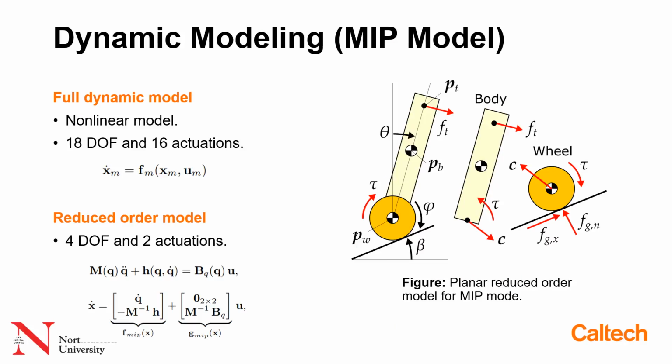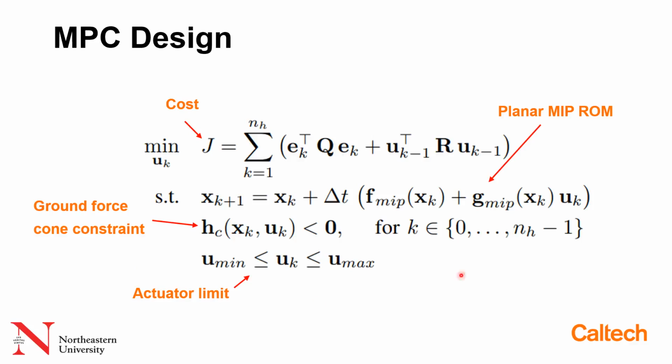In this slide, we'll do some brief analysis on the dynamic modeling. The full derivations can be seen in the paper, but the idea is that we have a simulation model using the full model, and then we use a reduced order model for MPC. In the reduced order model, we use a planar dynamics model shown over here, and the equations are used in the MPC formulation. So this is the reduced order dynamic model, and we have the ground force constraint over here, and the actuator limit, and this is the cost function used in the MPC.